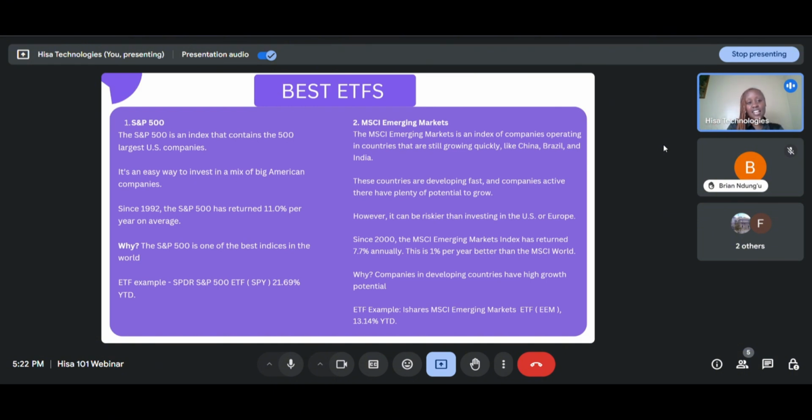And since the year started, this ETF has returned 13.14%. So the first two indices: S&P 500, biggest companies in the US; emerging markets, countries that are developing fast. And we have the iShares ETF under it.